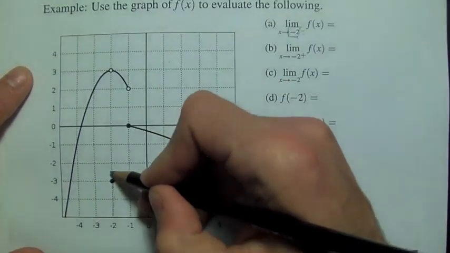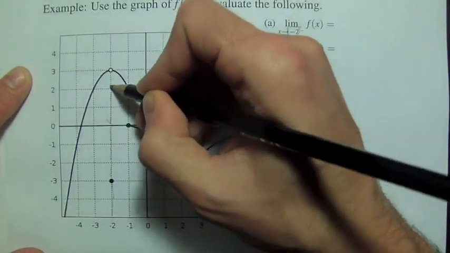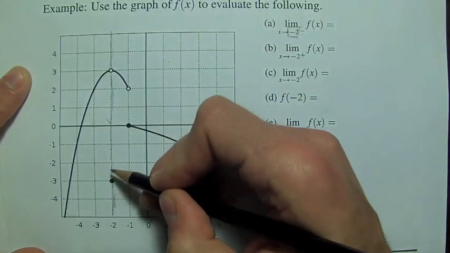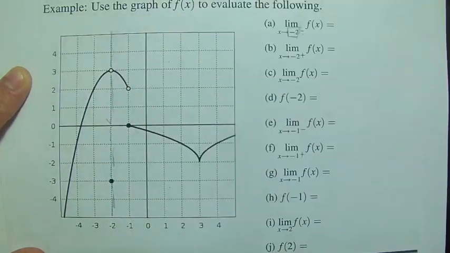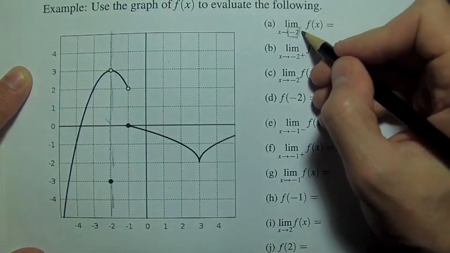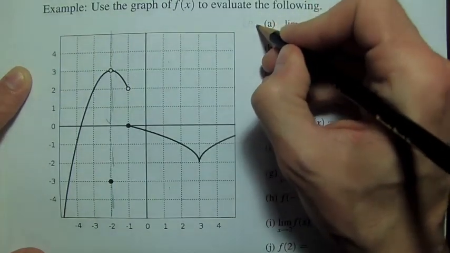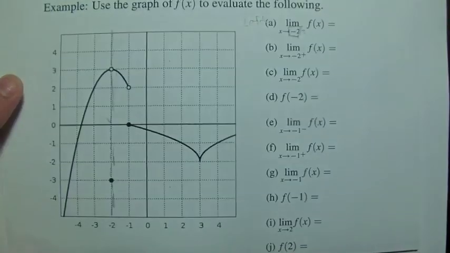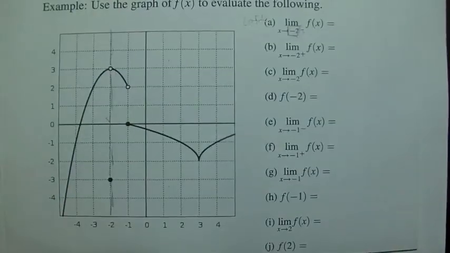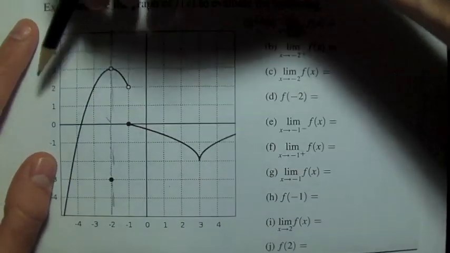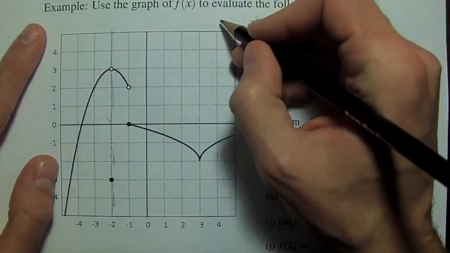Right, so we go down here to my graph and we mark off -2, which is right here. And this negative means that we're coming from the left. So this is a left-handed limit. Okay? So from the left means we're coming at it from this direction. Right? So from the left.